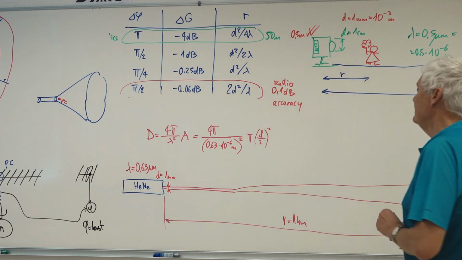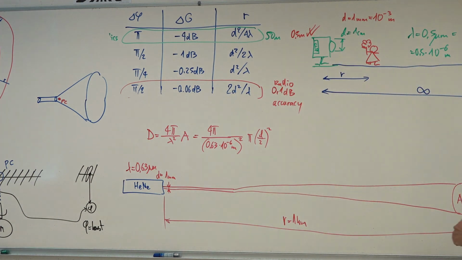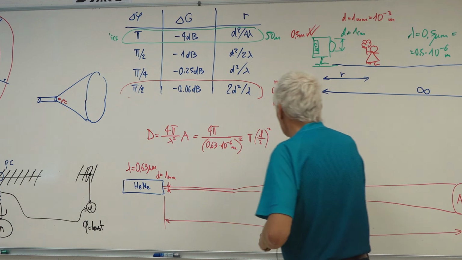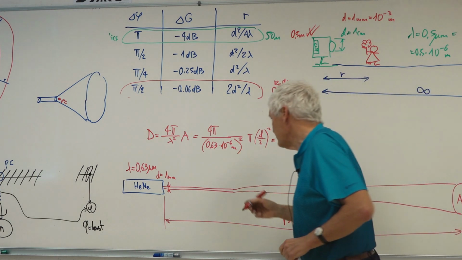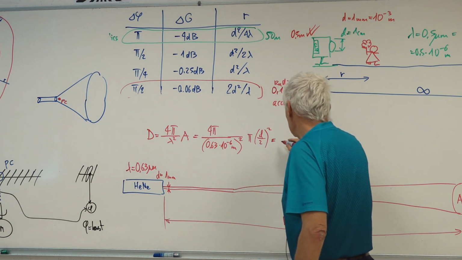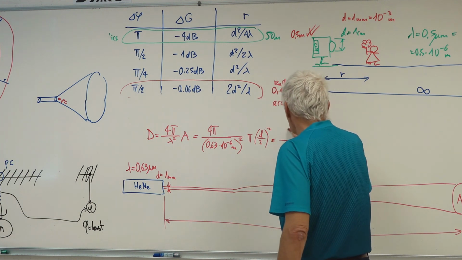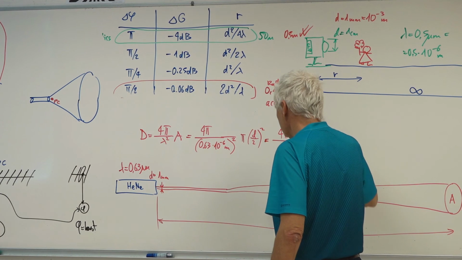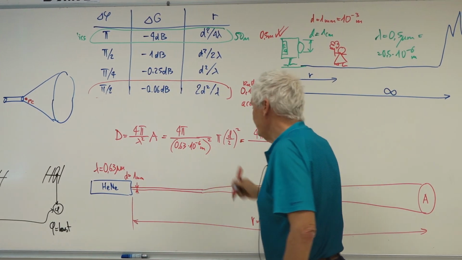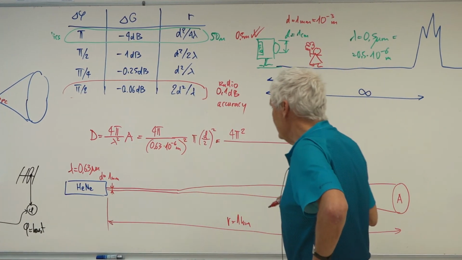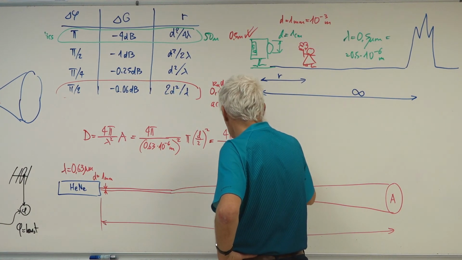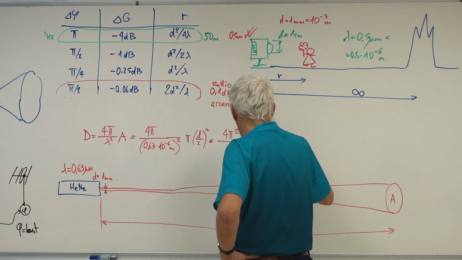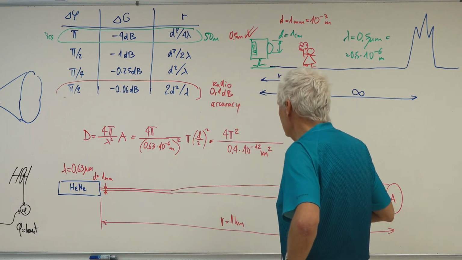Okay? So what are the numbers here? What is the directivity of a HeNe laser? Just to use the equations we had today, just to make a practical example. This is 4 pi squared. In the bottom, 0.63 squared is about 0.4, so 0.4 times 10 to the minus 12 meters squared.